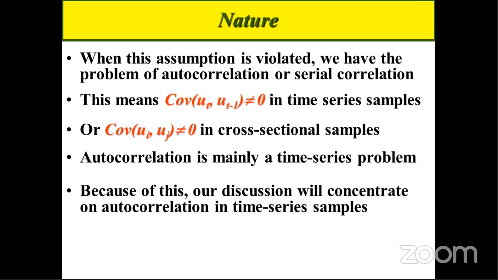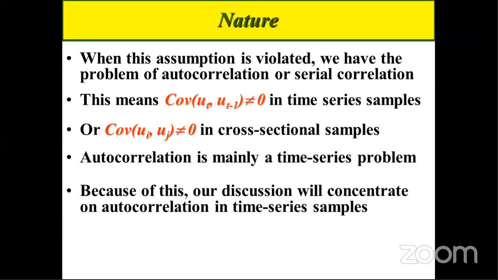So there are situations where you have an autocorrelation problem in heteroscedasticity and vice versa, in cross-sectional data and vice versa. But in general, the problem of autocorrelation is mainly related to time series type of data.